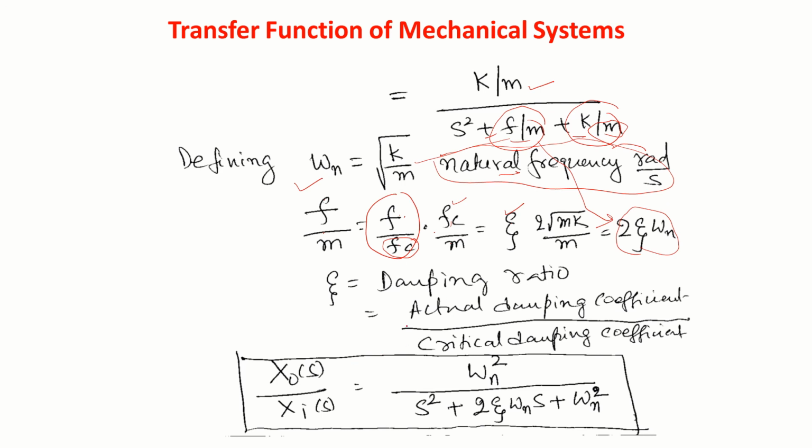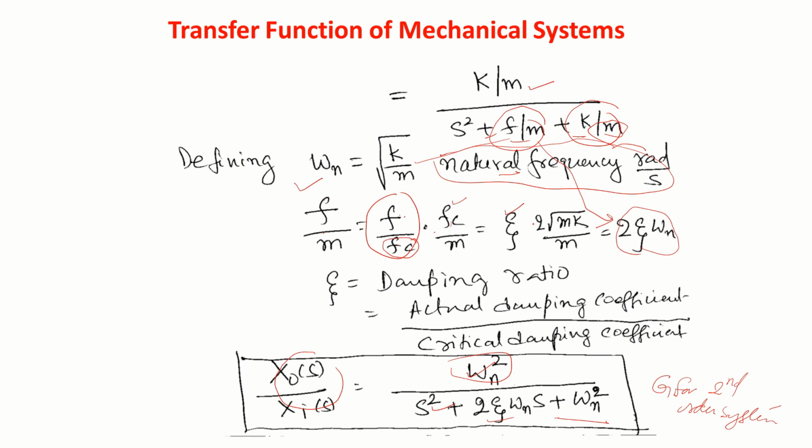So now x naught of s by xi of s is omega n squared over s square plus 2 zeta omega n s plus omega n squared. We call it the general form of a second order system. Remember, this is the natural frequency of the system, and this is the damping ratio of the system.